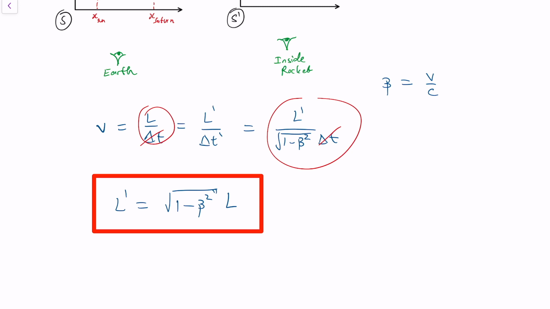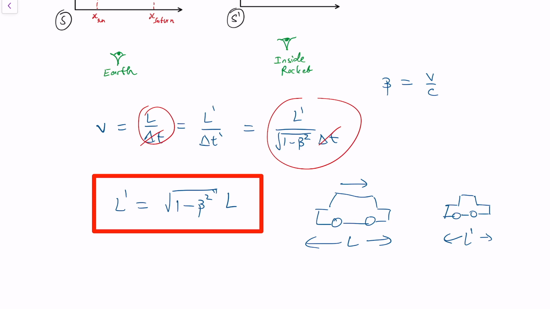When we're talking about a vacuum, like empty space between the Sun and Saturn, it may not sound very peculiar, but this is true even for a solid object. Let's say that you're driving your car at a high speed so that the effects are noticeable. The length of the car will shrink, so the length there will be less than the length here, right?